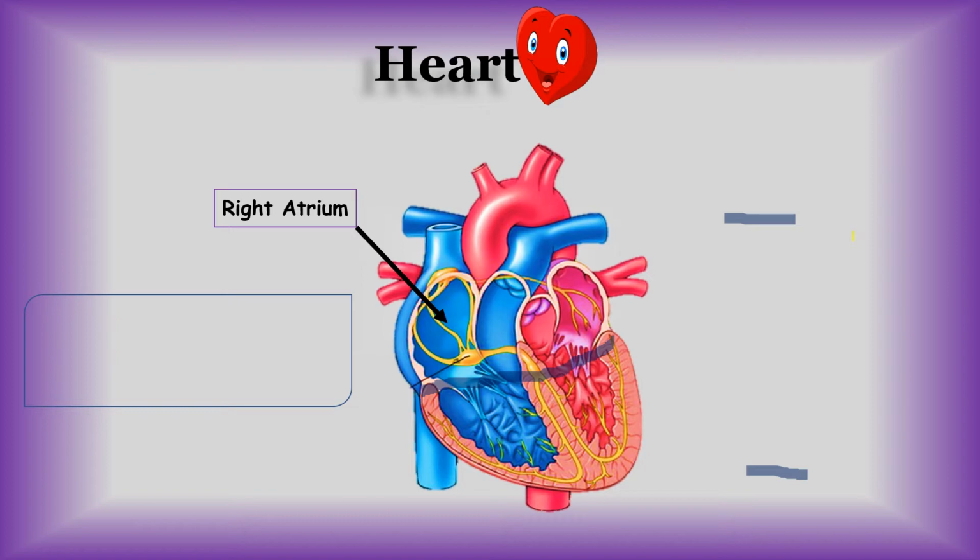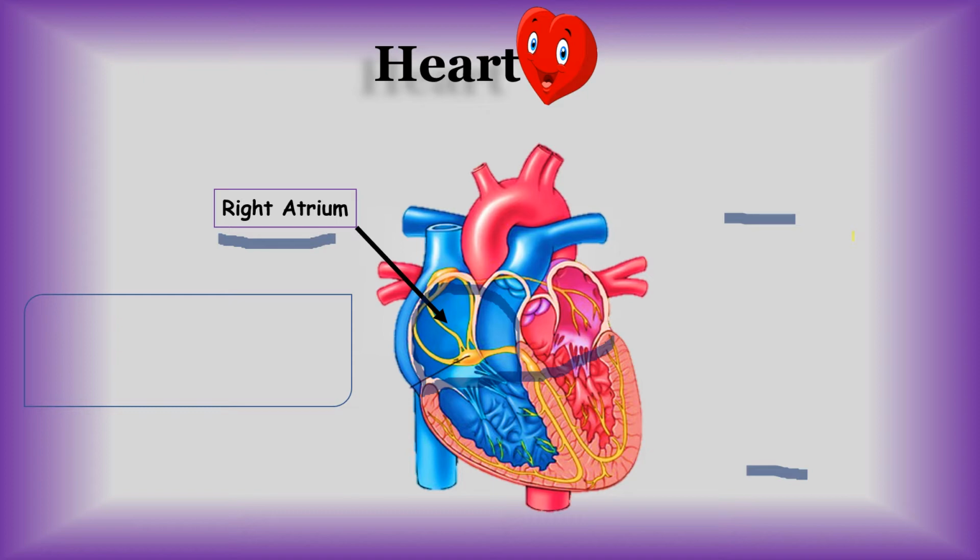Now this upper chamber, above the blue line which I have drawn, what is this part, children? This is the upper right chamber, which is also known as the right atrium.